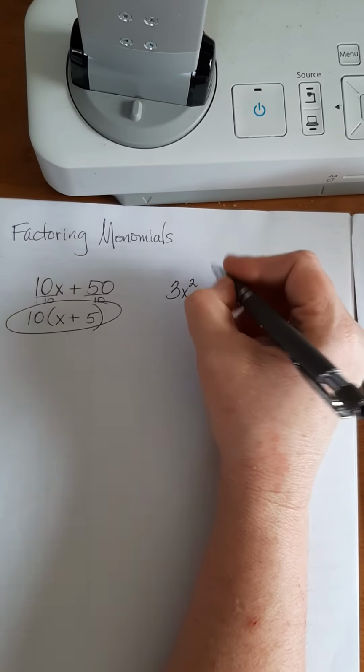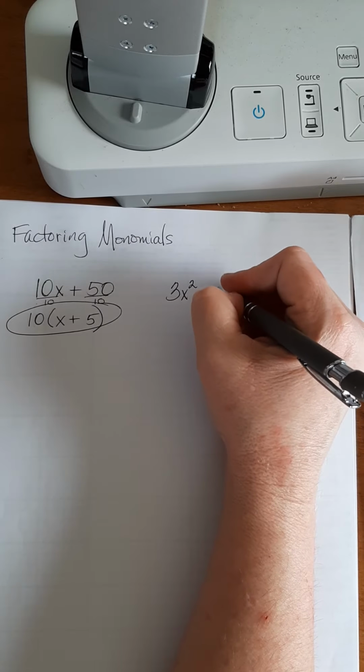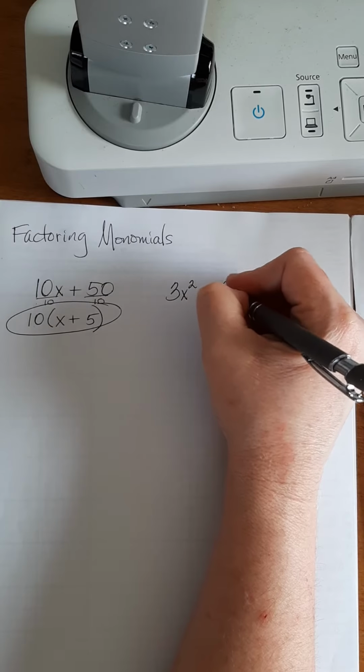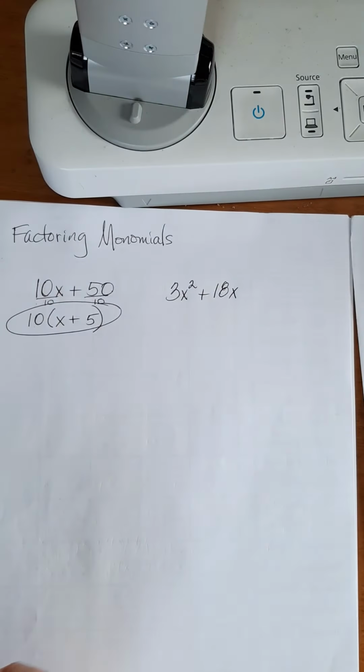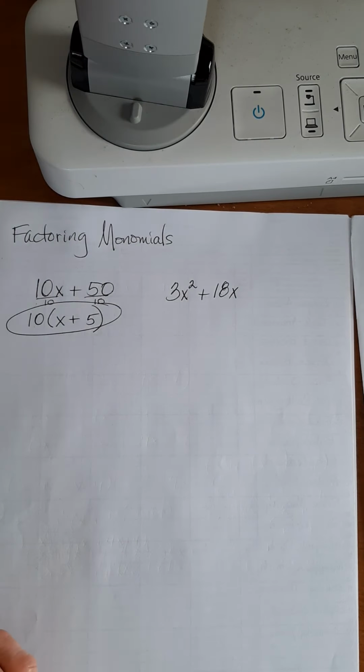Let's say if I had 3x squared plus 18x. Well, first focus on the numbers. So 3 and 18, what is the largest thing that would go into both of them evenly, or the other mathematical term, greatest common factor?